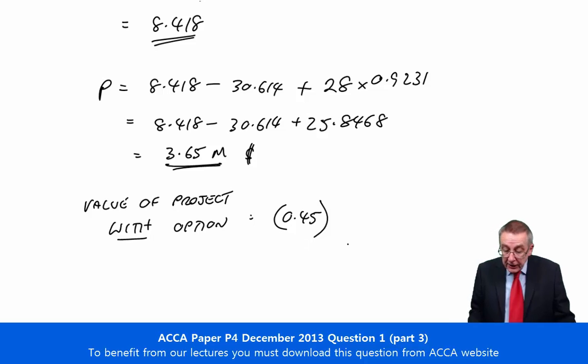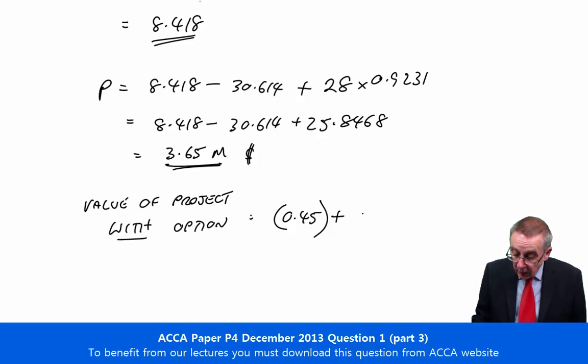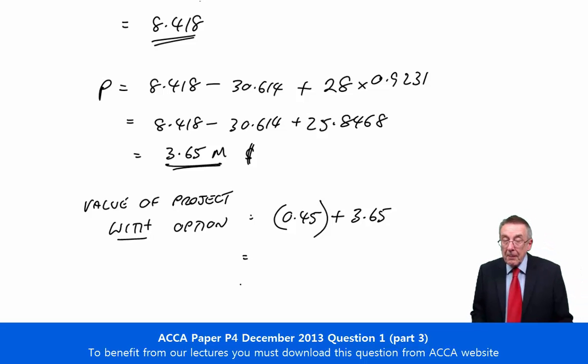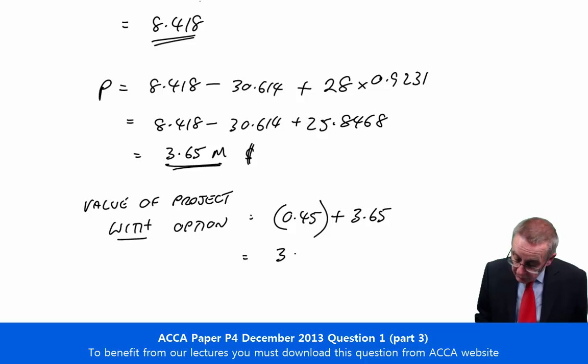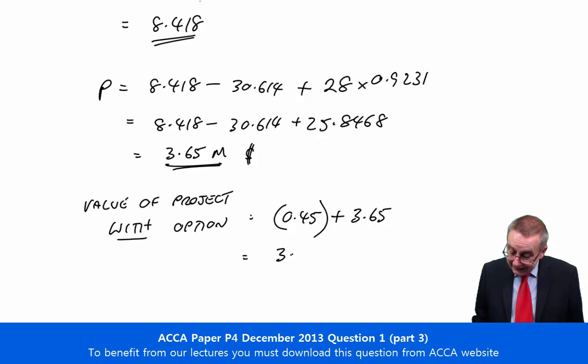In addition, we've now got the project with an option, which we've calculated is worth 3.65 million. And so the overall worth now is 3.20 million.